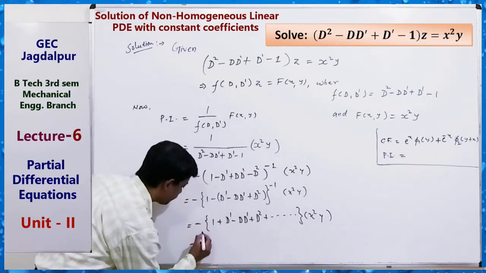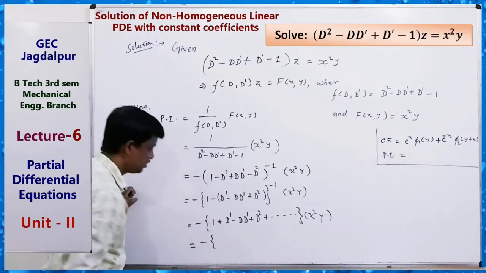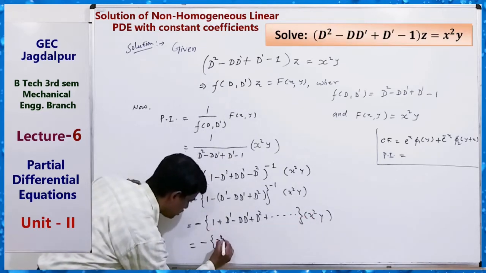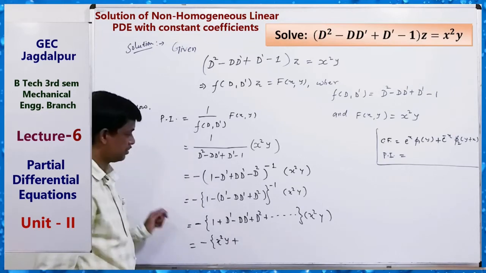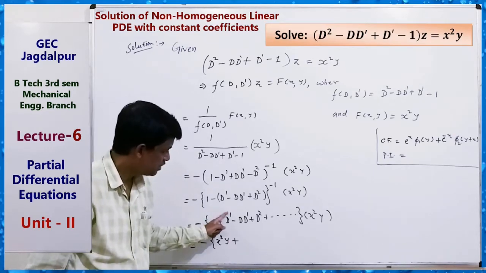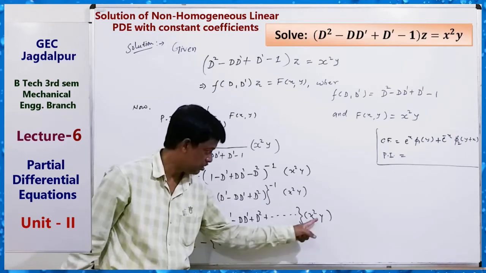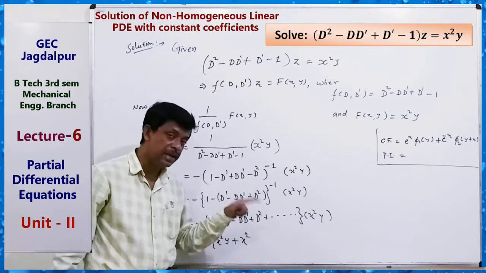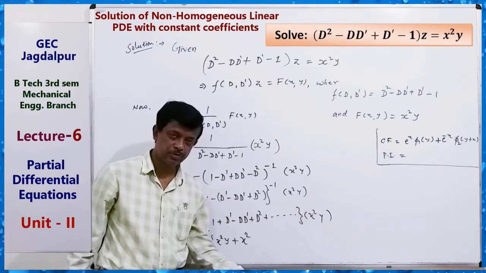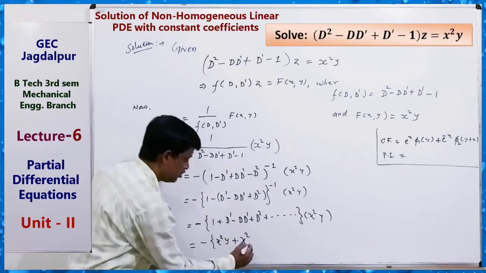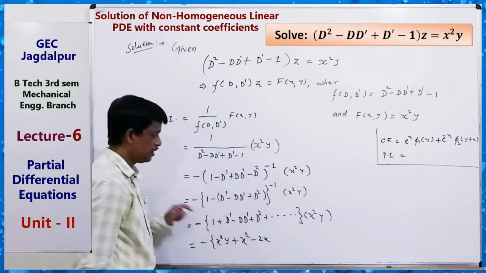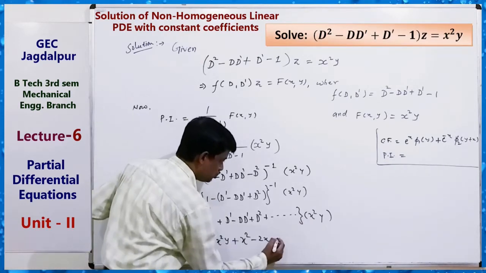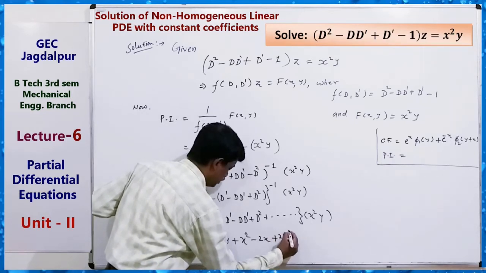Now apply with minus sign, minus of this, apply this operator on this. So x square y, plus d dash, which means with respect to y, gives x square, minus dd dash: first with respect to y, x square, and then d, so 2x; minus 2x, and d square means with respect to x two times, so 2y plus 2y.